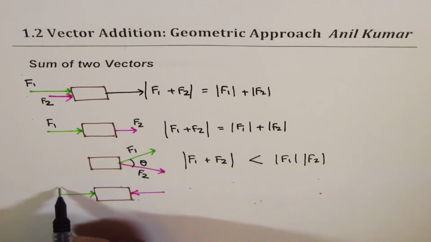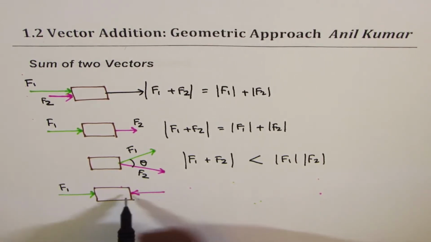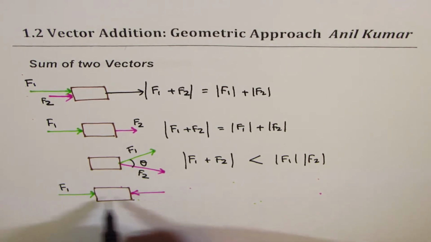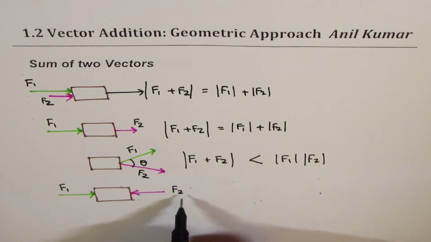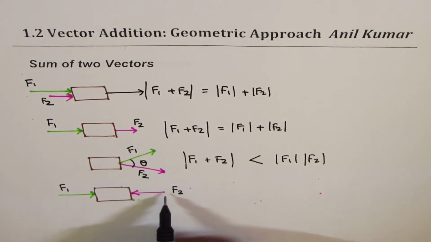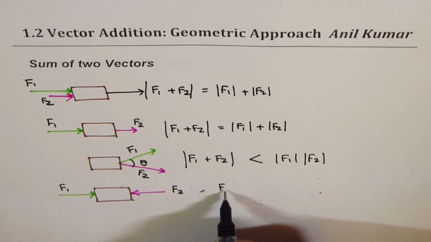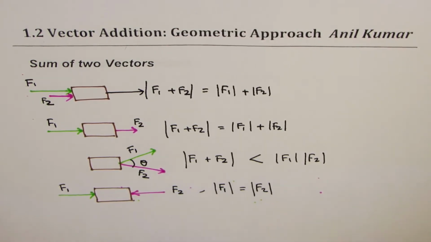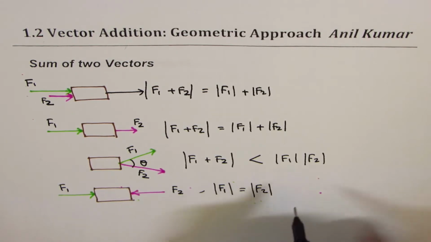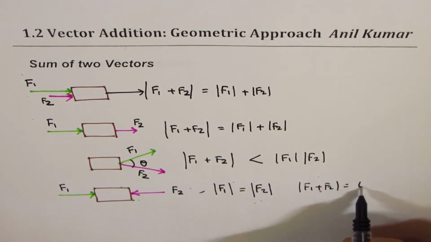That is to say, if one force is F1, then the other force is F2, which is in the opposite direction, but the same magnitude. So in this case, if the magnitude of F1 is equal to the magnitude of F2, in that case, F1 plus F2 is equal to 0.